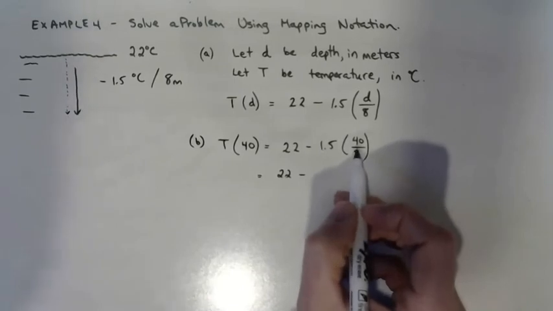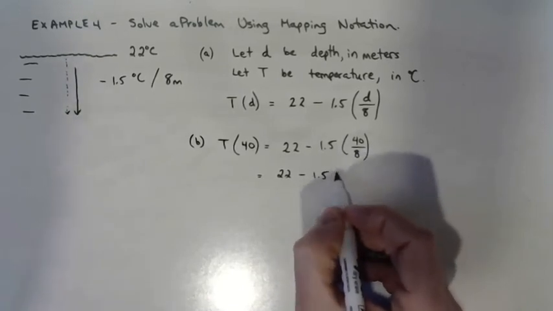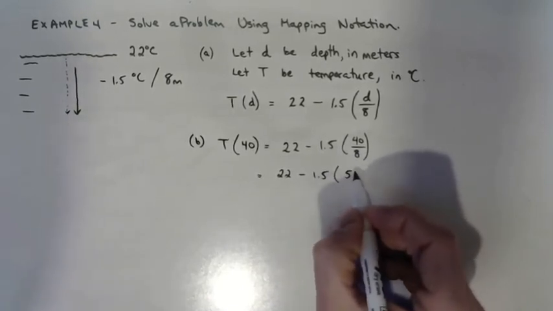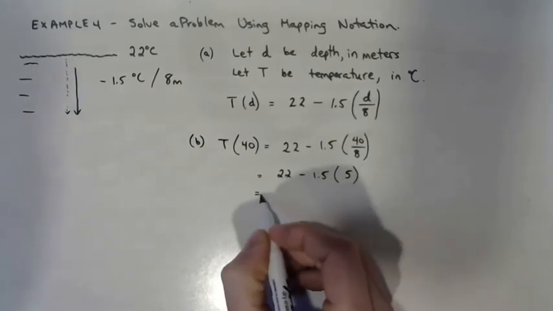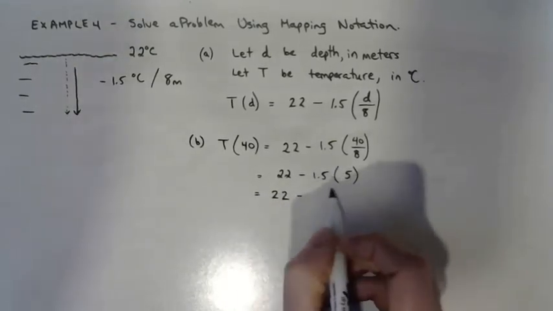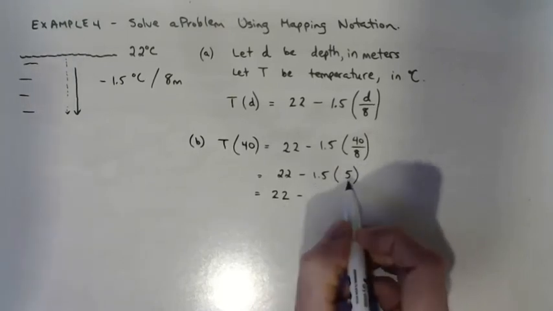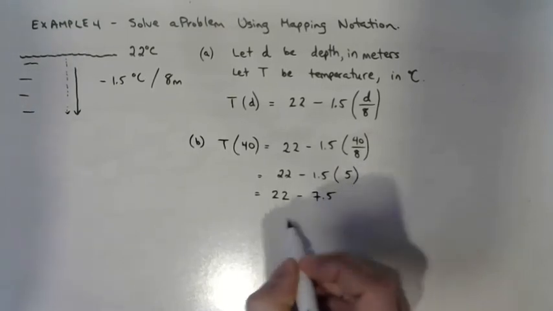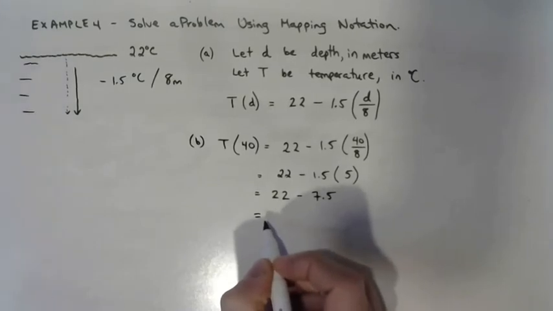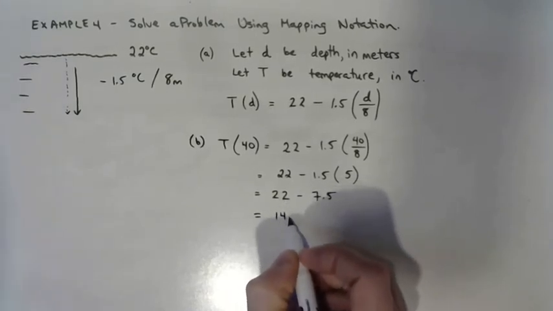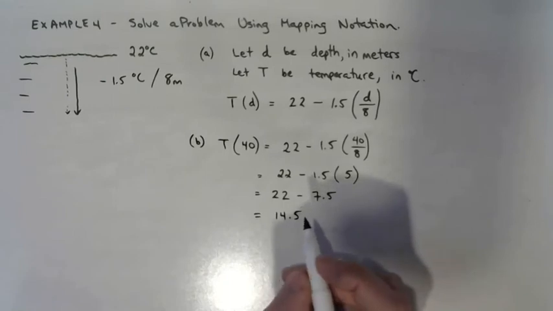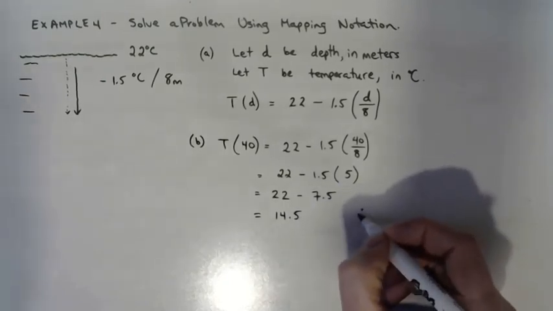I need to reduce this. So I'm going to be left with 1.5 times 40 over 8, which is 5. You could put this whole thing in your calculator if you knew how to do it right, but here we go. We're going to continue on. 1.5 times 5 is 7.5. So we've got 22 minus 7.5, which is 14.5. And a concluding statement.